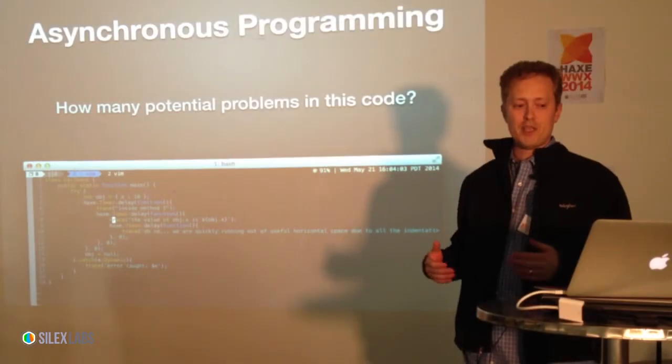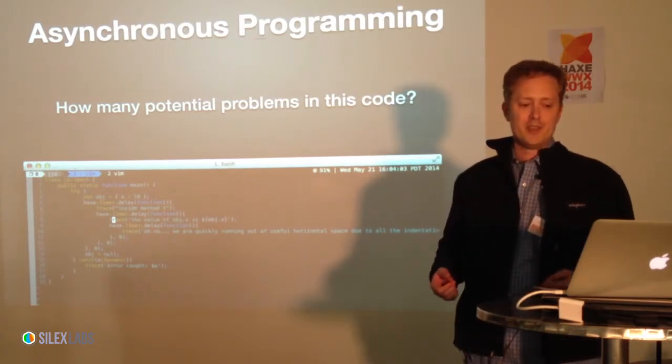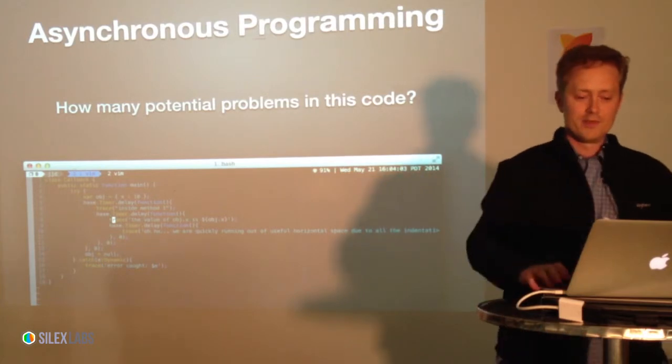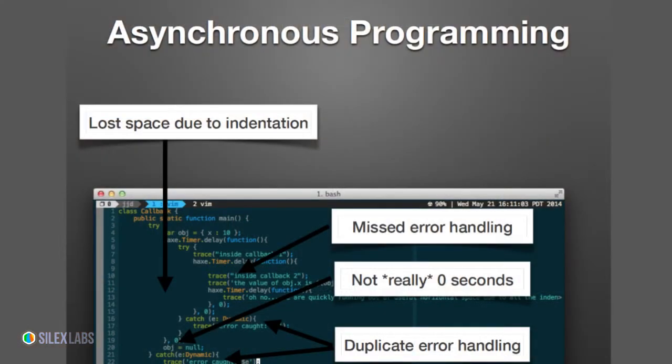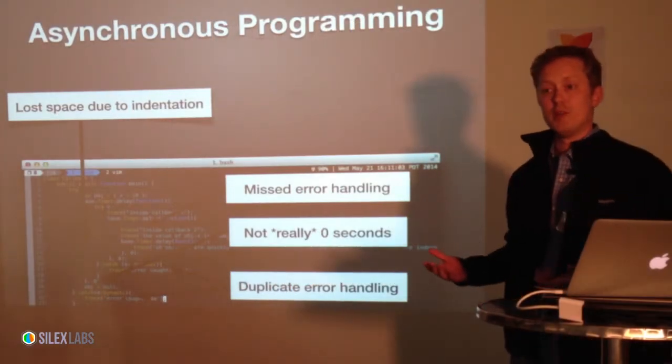Just in these couple lines of code, it's really ugly to read, and there's a lurking error, and there are some other problems with duplication. Of course you're losing space due to indentation. Because you have all these chained callbacks, you're losing the try-catch block every time, so you have to retry, recatch. So in one case there's a missed try-catch, which you might not notice.